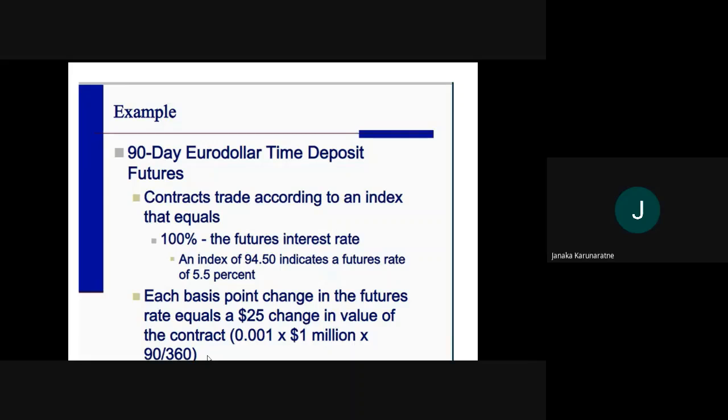The result for one contract is 25 times 100, 2,500. Then you have two contracts, 2,500 times 2, 5,000. Pretty simple. So 0.01 times $2 million.